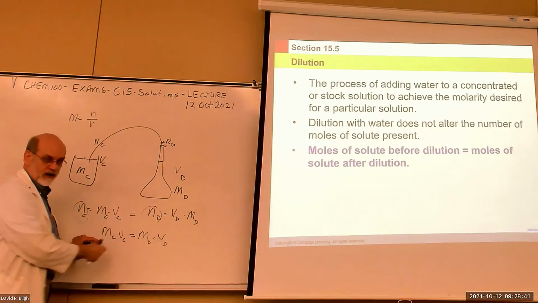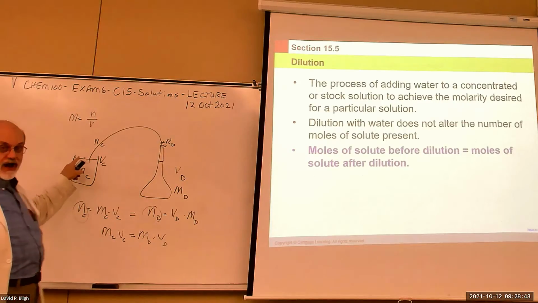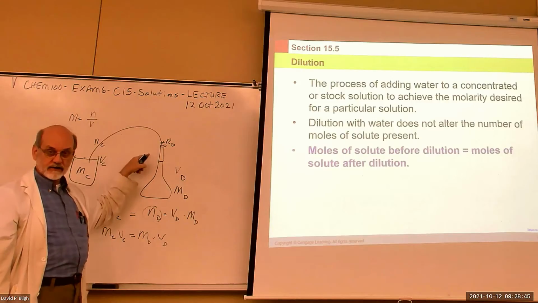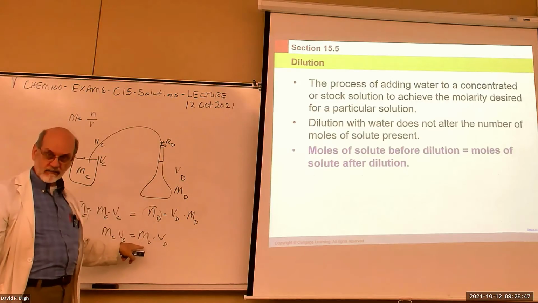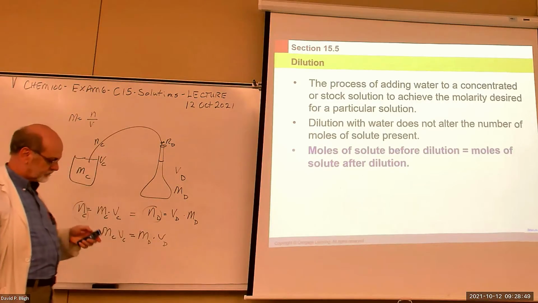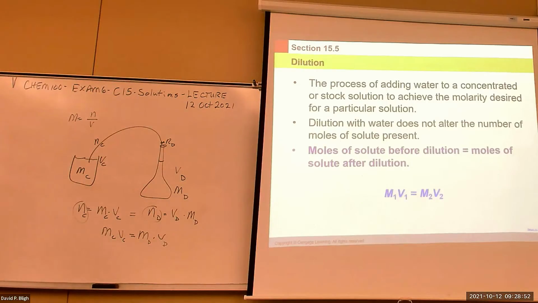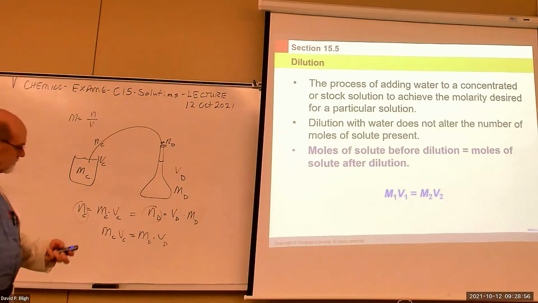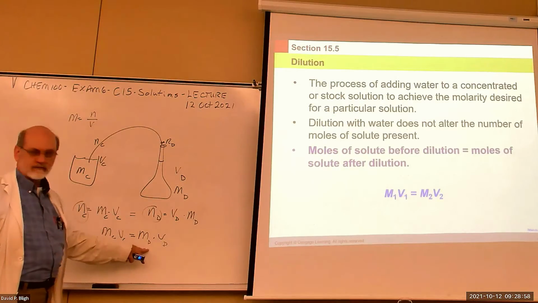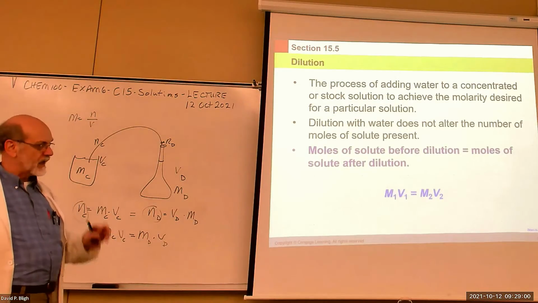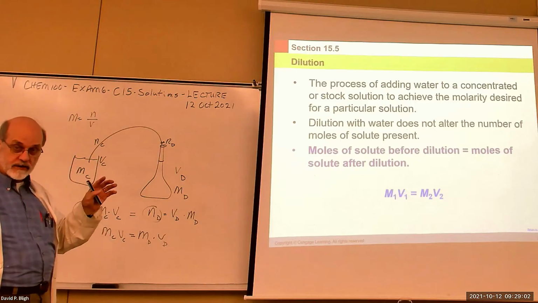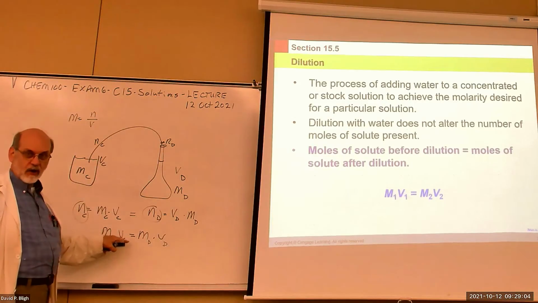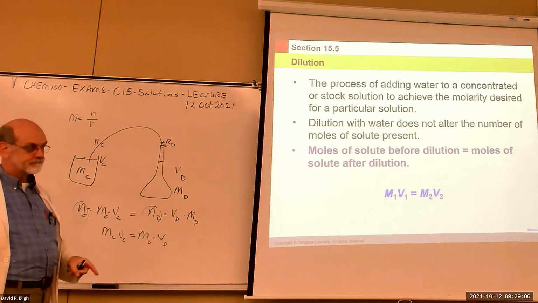Then you can solve for how much volume you need to extract from the concentrated and dilute in order to have that molarity. That's why this works. Here it's M1V1 equals M2V2. That's concentrated and dilute. And this formula works because moles equals moles.